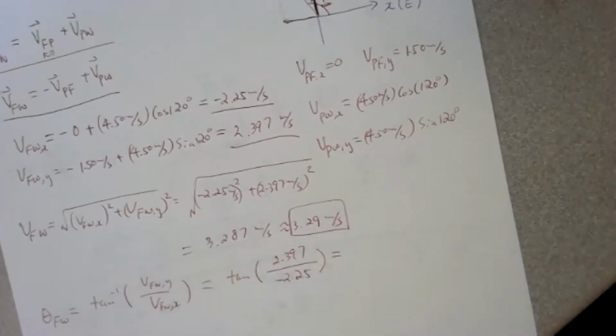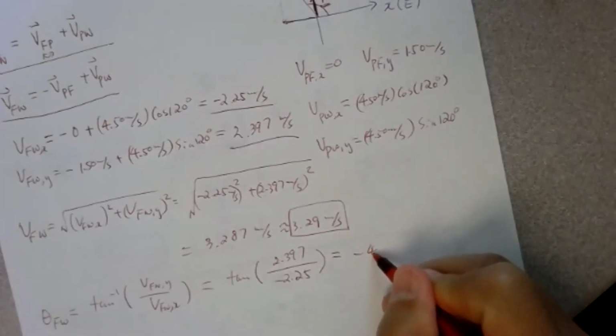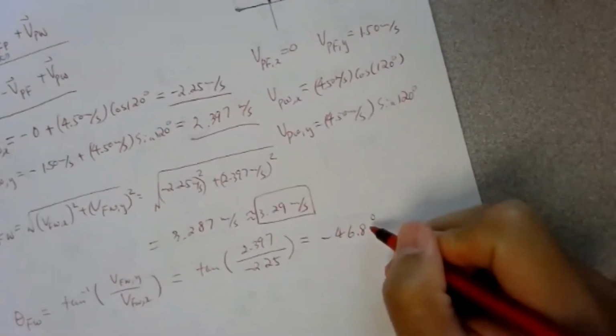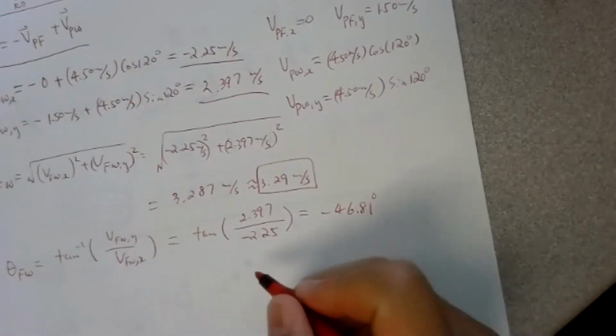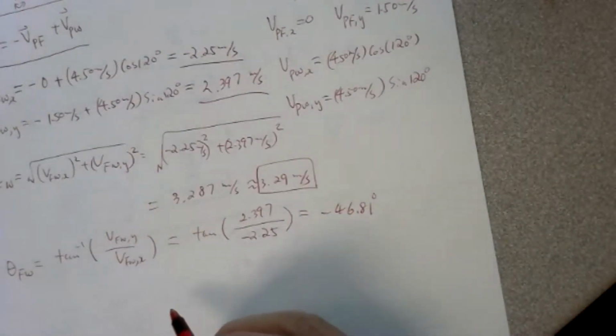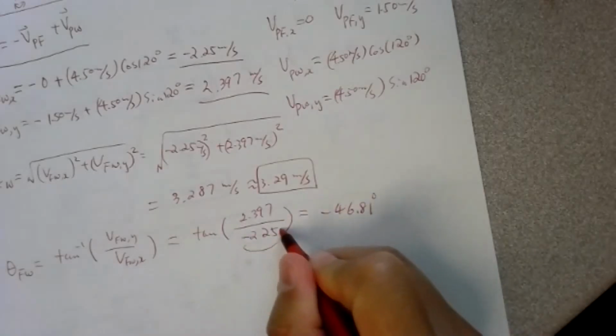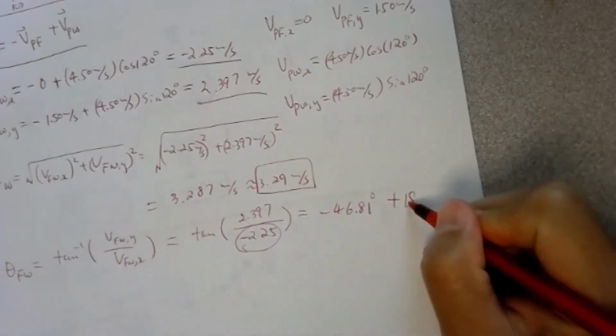That will give me, so it looks like minus 46.8 degrees. All right. Now again, as I mentioned, because this x component is negative, you want to add 180 degrees to it.